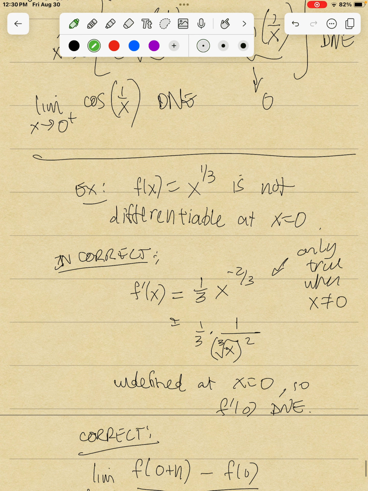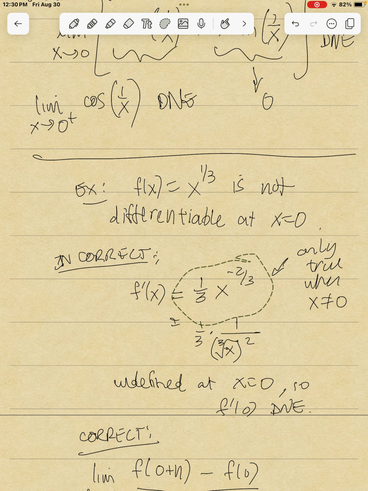and you cannot just take the derivative like this and then get something like this, because to do that you have to assume that x is not equal to 0.